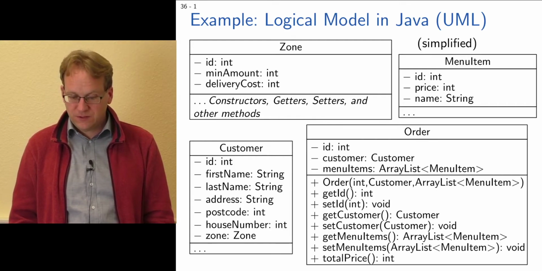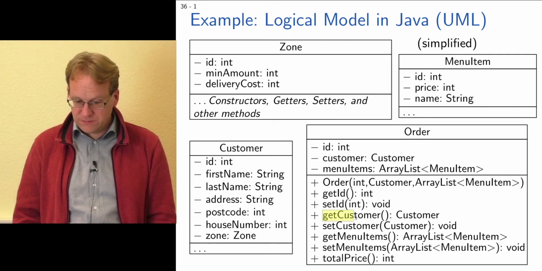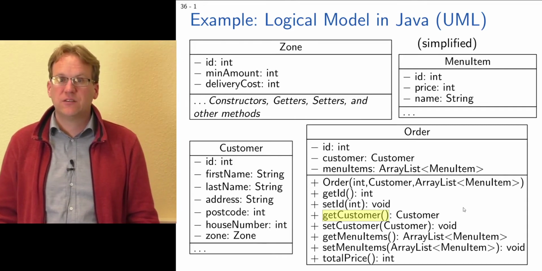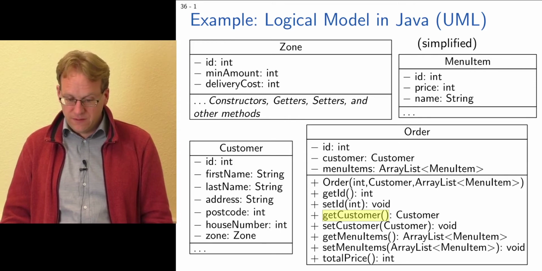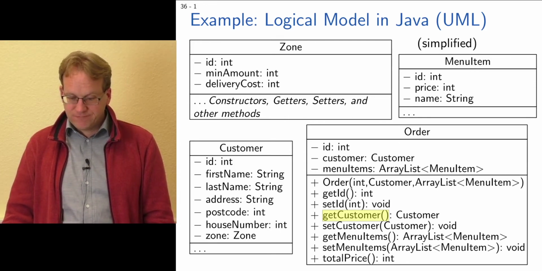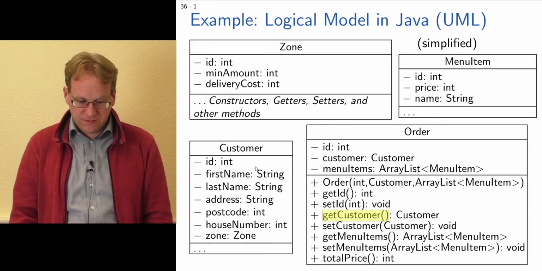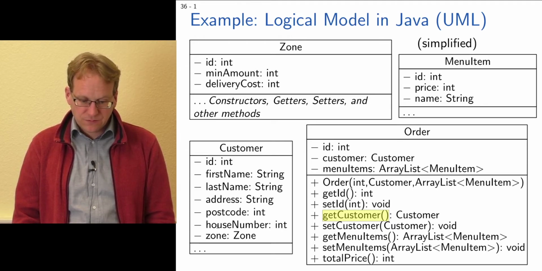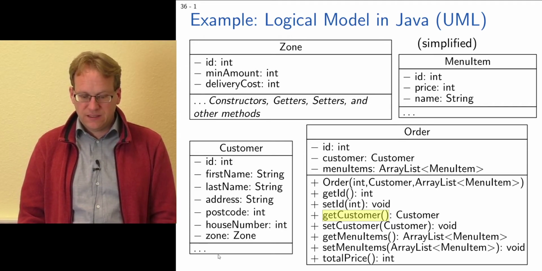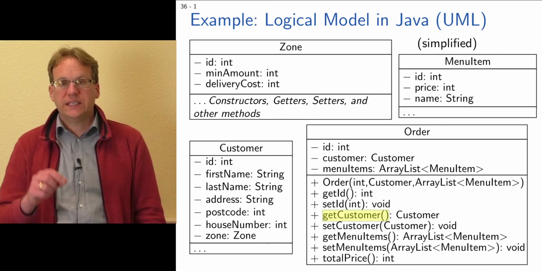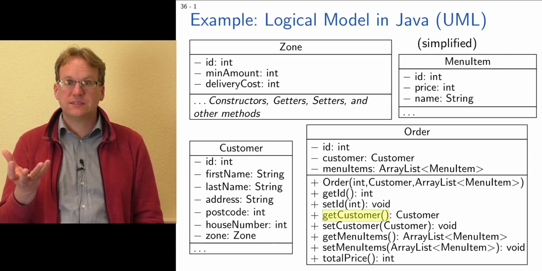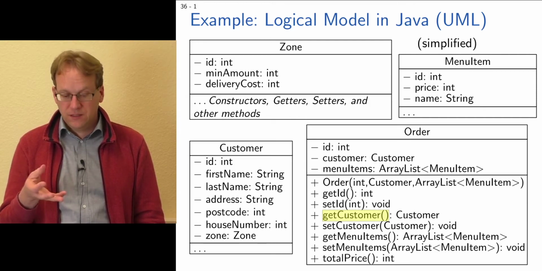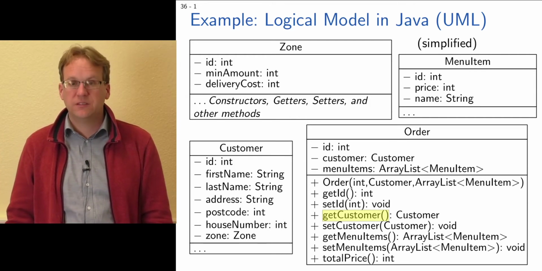And in Java, of course, we have these instance methods, which we can call for any instance of our class order. Well, so we maybe also have a customer, and we have a method get house number. So we can take some concrete customer and ask him, please give me your house number.